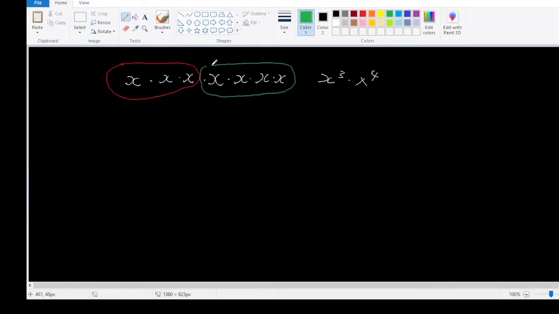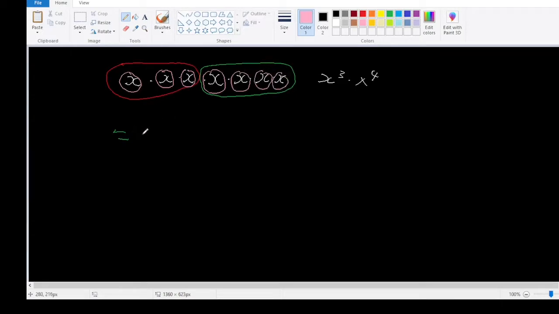You can see here, at the end this will be 1, 2, 3, 4, 5, 6, 7.